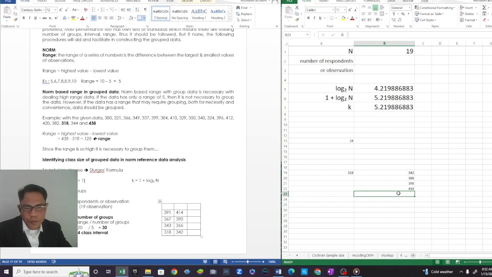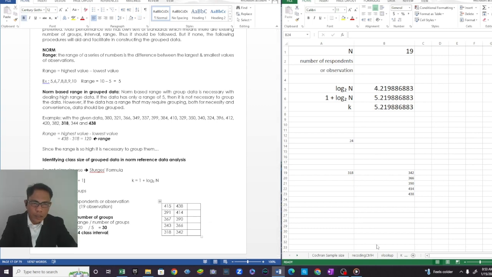And we have equals to this one plus 24, that's 438. So we have 438 and 415.